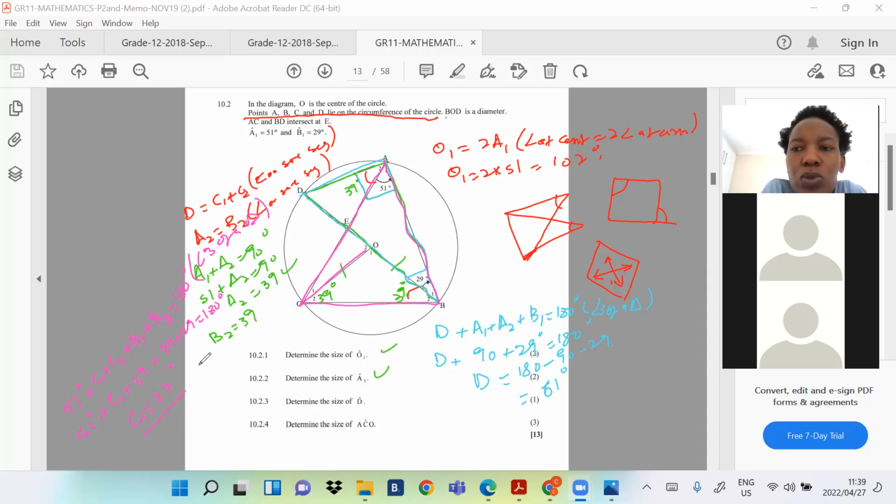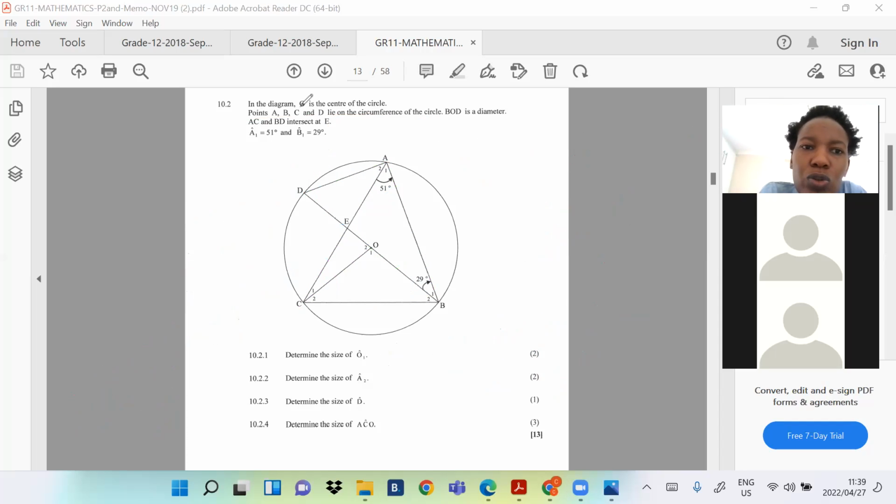So you need to look at what you are given. First, look at what you are given. They told you that's the center. Then with the center, you can get the angle at the center being twice the one at the circumference. You also know from the center, radii are equal. That means these two will be equal.